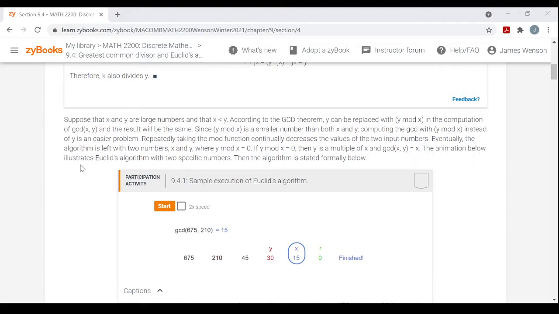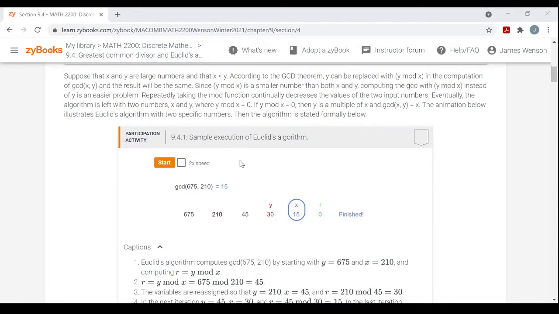The animation below illustrates this repetition of the process of replacing the large number with the remainder when you divide by the smaller number. This is Euclid's algorithm, until you eventually get down to when the two numbers are multiples, and then the smaller of the two numbers will be the greatest common divisor.